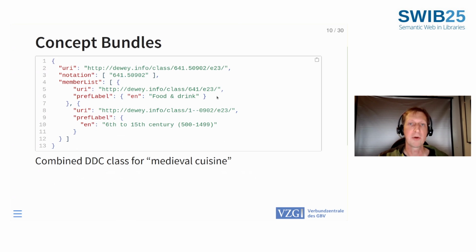So there's one DDC class 641 for food and drink, and then there's an additional attachment, what's called a table number in DDC, but similar concepts exist in other vocabularies. So you can combine food and drink with 6th to 15th century, and you get a new concept that is about medieval cuisine.